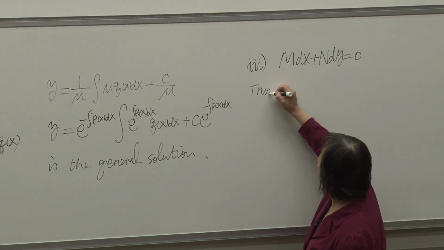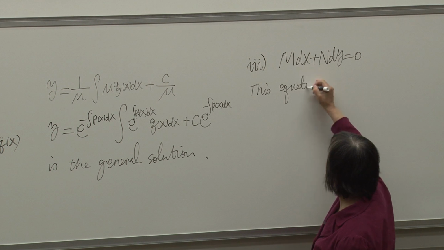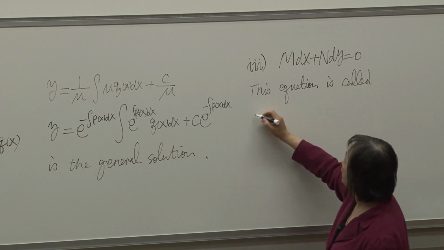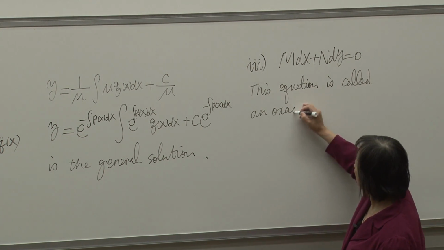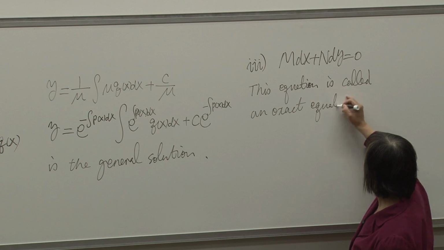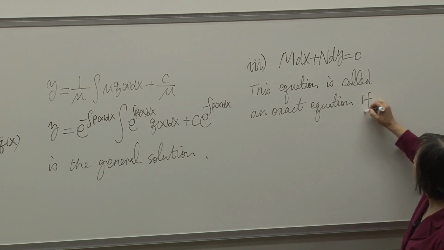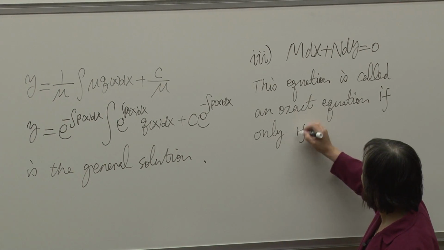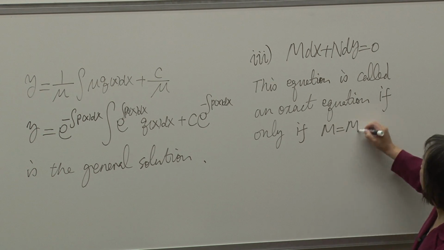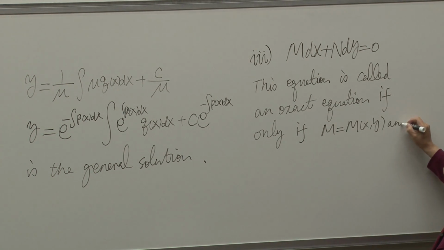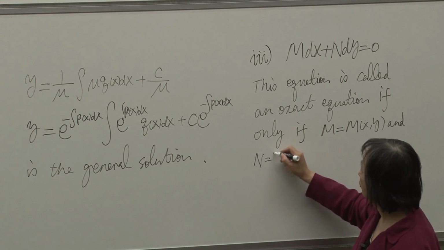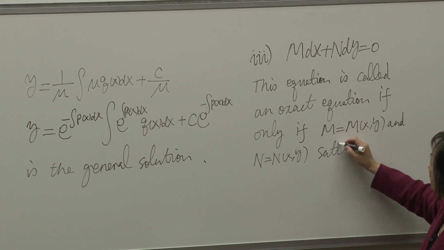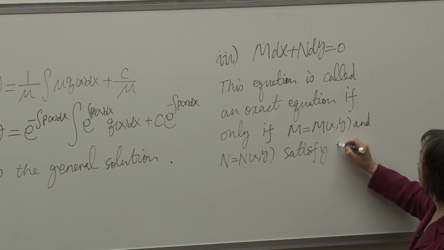This equation is called an exact equation if and only if m as a function of x and y, and n as a function of x and y as well, satisfy the following condition.